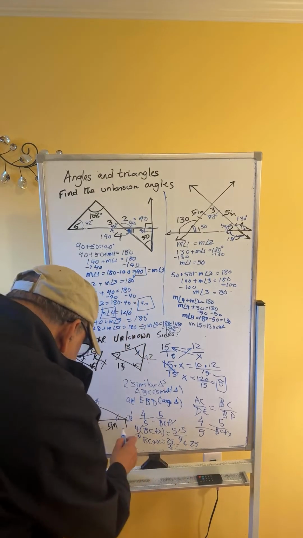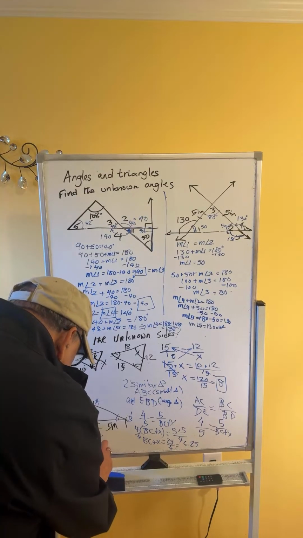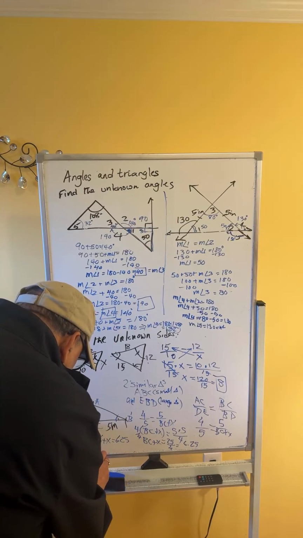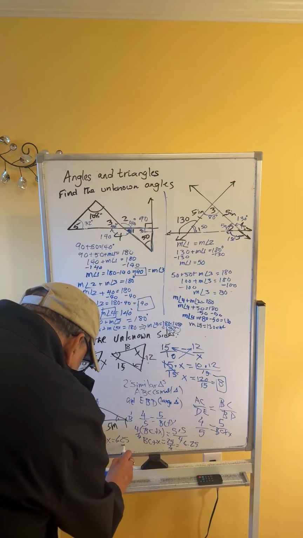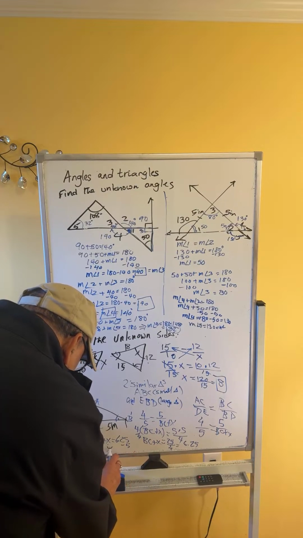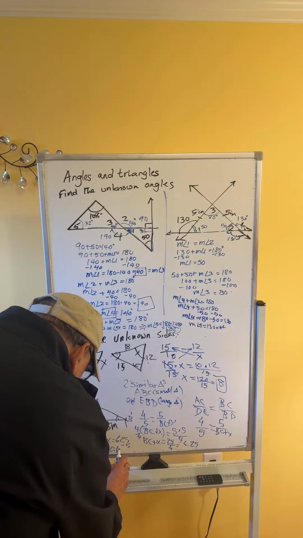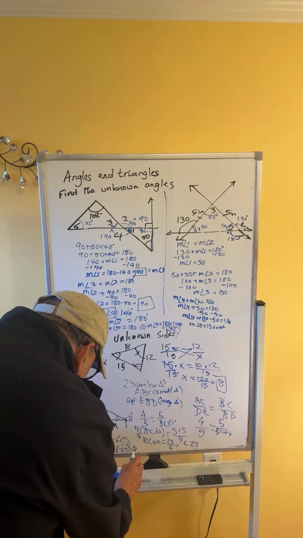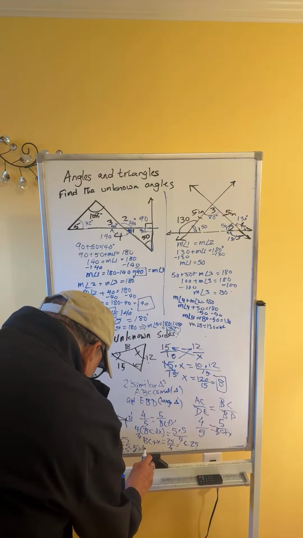Now what is BC? BC is 5. So 5 plus X is equal to 6.25. So subtract 5 on both sides. X itself is 6.25 minus 5, which is 1.25. So that's your answer for X.